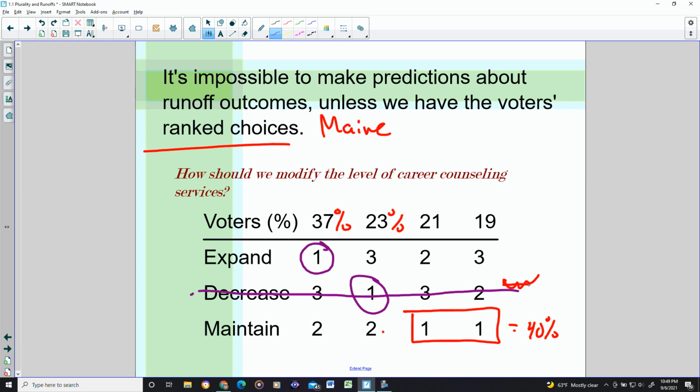And if they do something once, they'll do it again. So what's going to happen in that case is, if these 37% of people voted to expand on the first ballot, and if there's no pressuring or anything, likely they're going to vote expand again on a second ballot. Same thing with these people. If these people said maintain on the first ballot, on the second ballot, they'll vote to maintain.